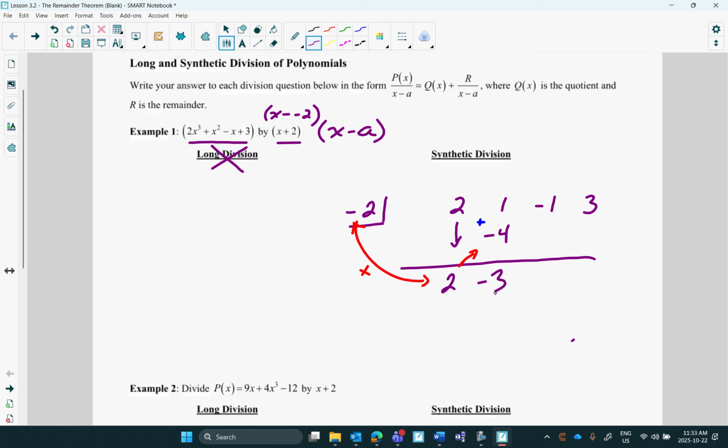Start the process again. Multiply and put it in here. So -2 times -3, 6. Add.